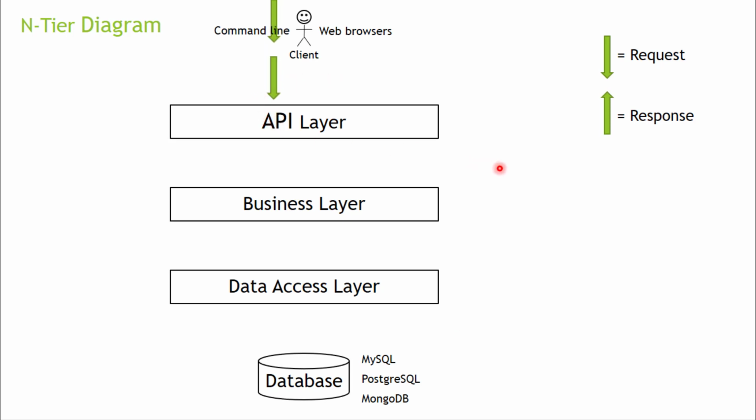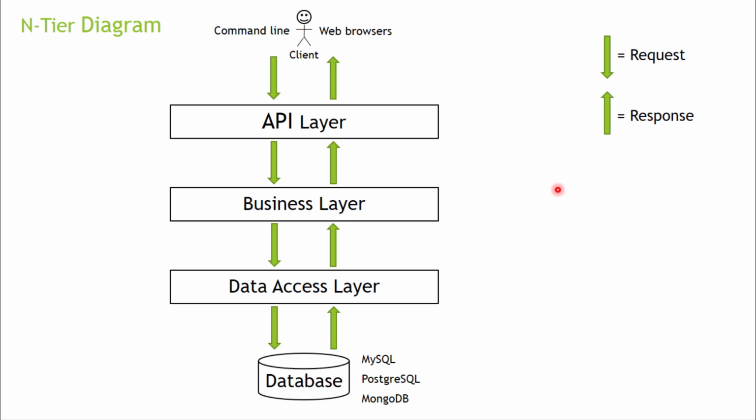Then API layer sends it to the business layer. Business layer also sends it to the data access layer, then to the database. For the client to receive a response, the process is reversed, starting from the database to data access layer, to business layer, to API layer, and finally to the client.